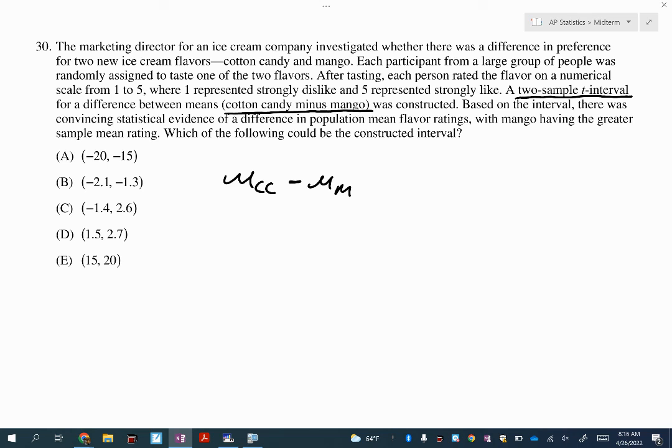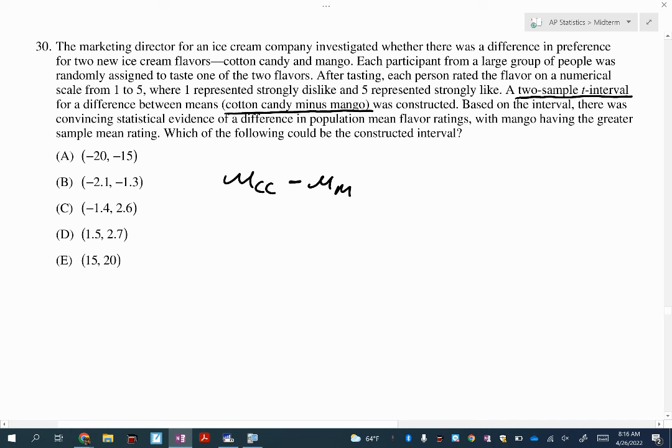You participate in this group where you get randomly assigned one of the 2 flavors. You say 1 if you really dislike it, and 5 if you really like it, or somewhere in between. Make sense? Okay. So now we're doing an interval between these 2 groups.